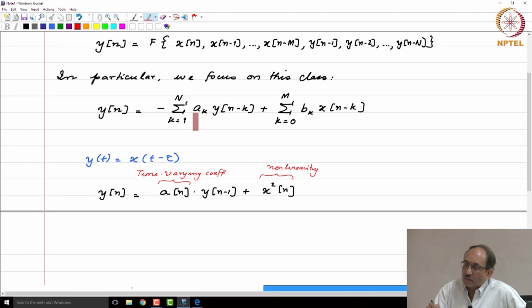This is analogous to the CT case, where you had a linear constant coefficient differential equation and looked at the system in the transform domain by taking the Laplace transform. Same thing we will do here, and when we look at this in the transform domain, we will talk about why this minus sign. This minus sign is not very fundamental. You can always rewrite this as Ck, where Ck is minus Ak, that is all.